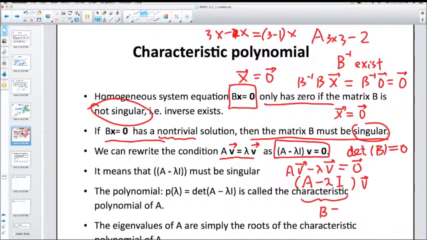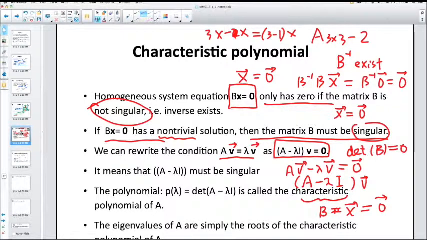So I'm seeking the solution of this Bx equals 0. I'm not interested in the zero solution. I want to get a non-zero solution. We call it non-trivial solution. So what's the requirement for the B?